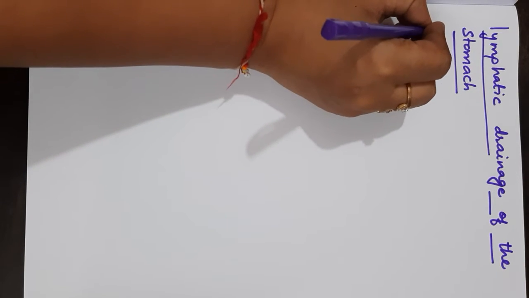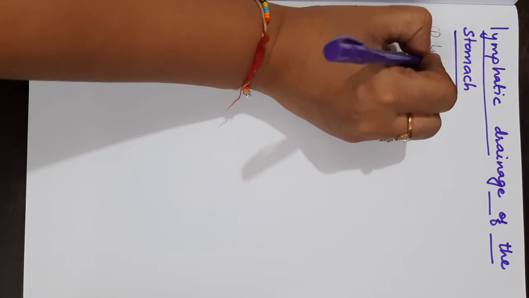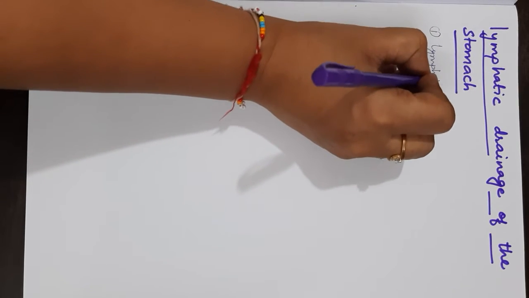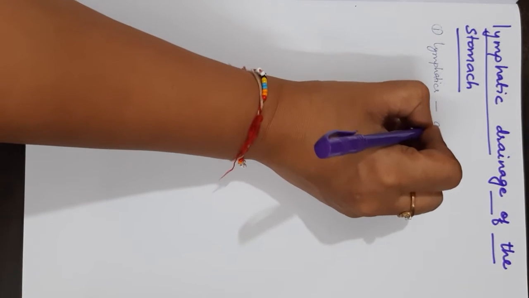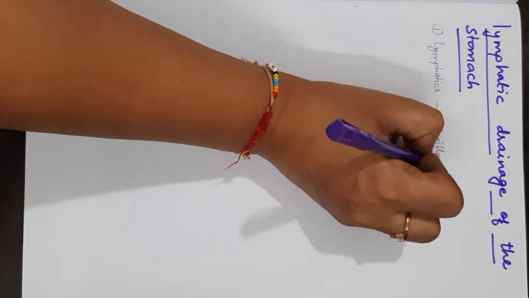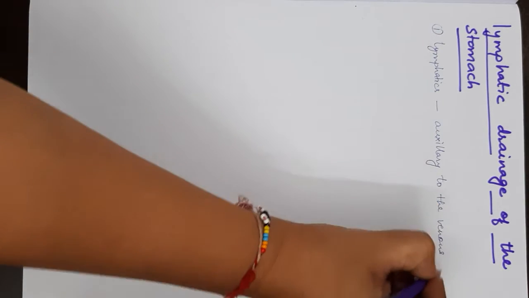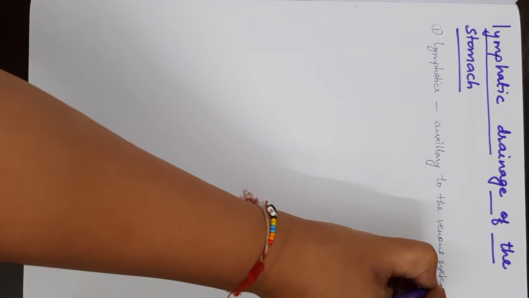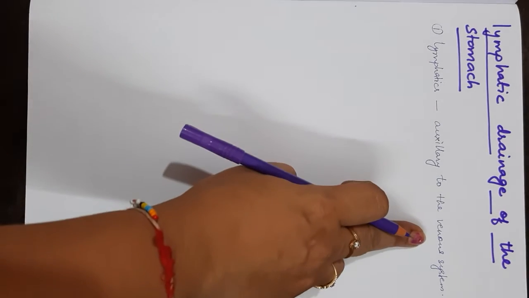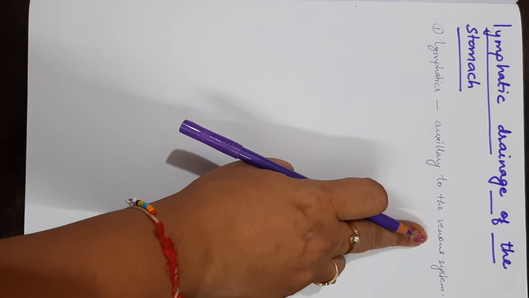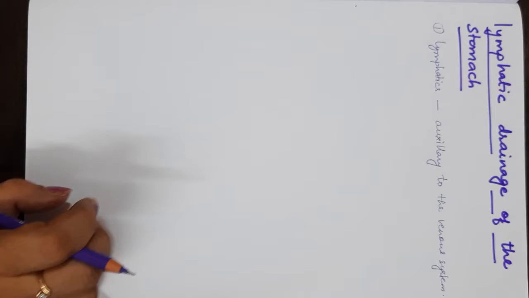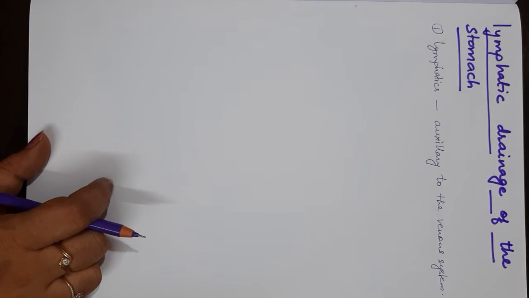First, we have to remember that lymphatics are actually auxiliary to the venous system. So the fluid which is present in the tissue spaces and is not carried by the venous system is carried by the lymphatics and ultimately drains into the veins before they reach the heart.